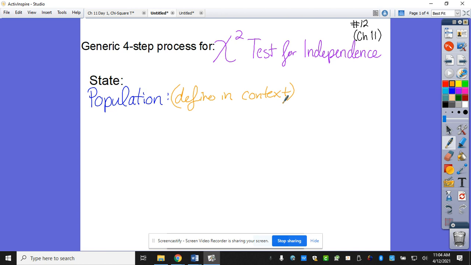We are doing a test, which means we need what? Null and alternative hypotheses. So our null hypothesis, which we've already talked about, is going to be what? The column variable and row variable, and you actually fill in what they are in context.